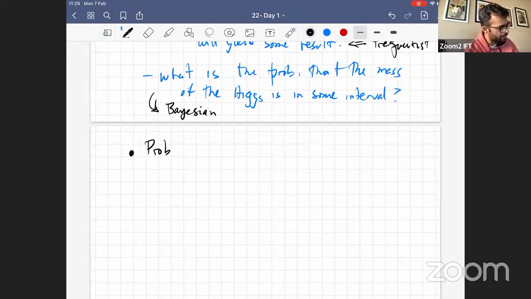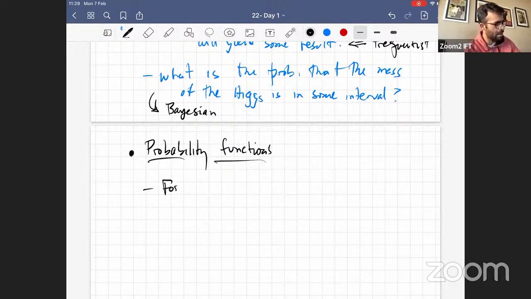Then let us talk briefly about the probability functions. For example, I have first the example of a continuous random variable.